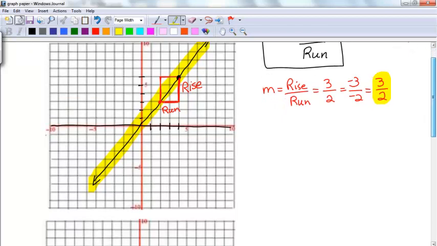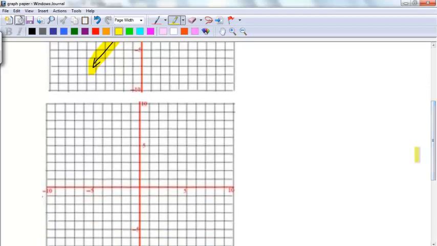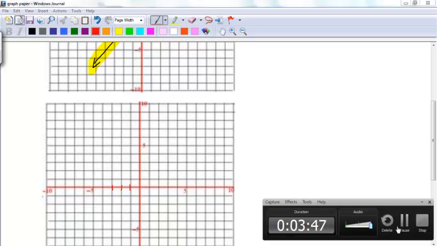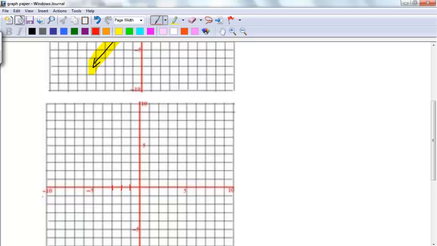Okay, let's do another one. On this one, let's go 3 to the left, so that'd be like negative 3. Okay, on this one, let's do a point at negative 3, positive 3, sorry.